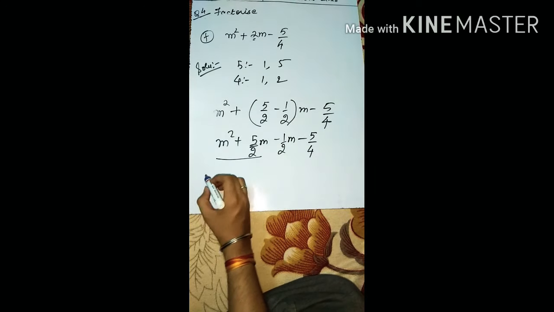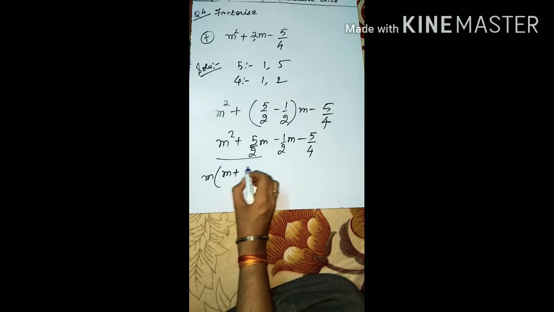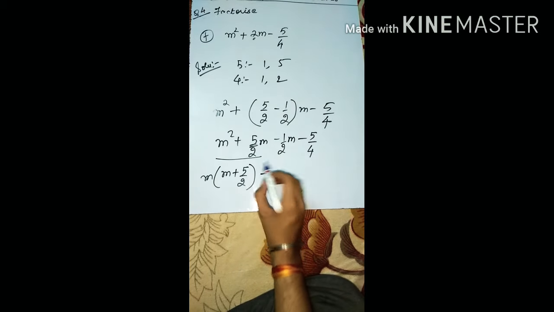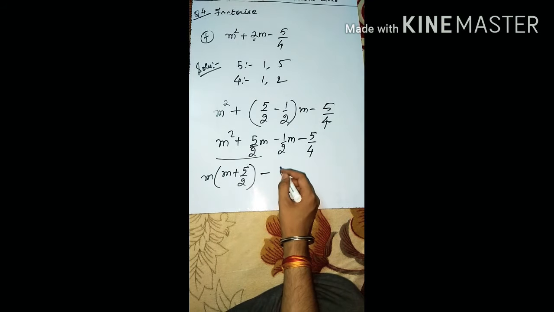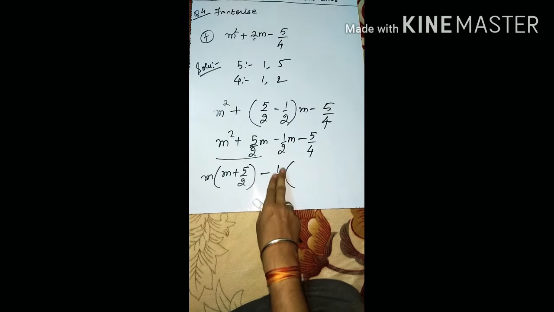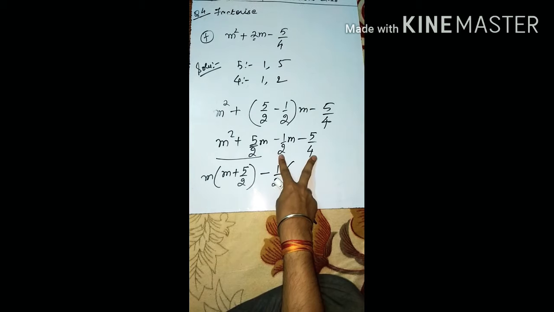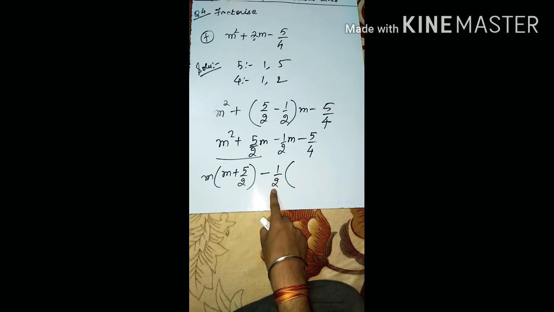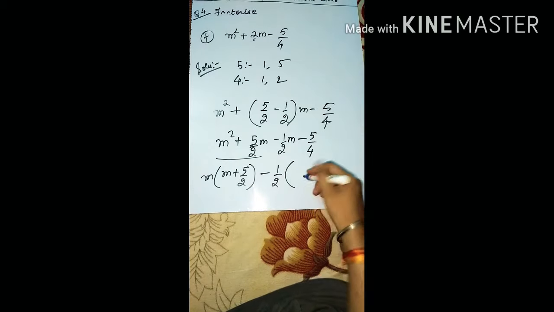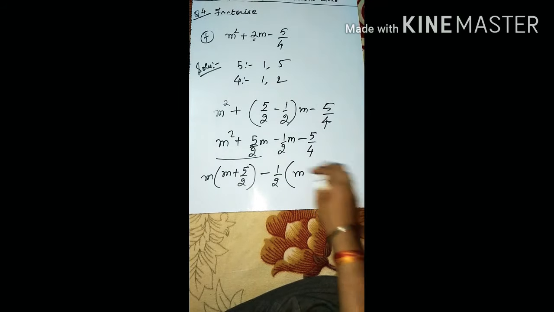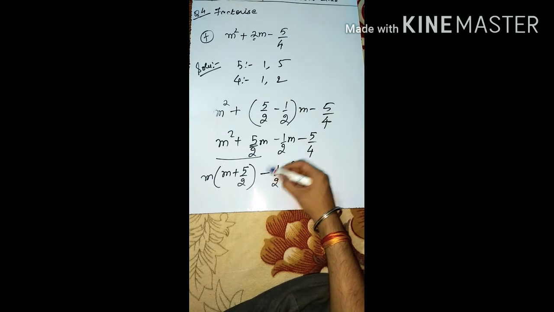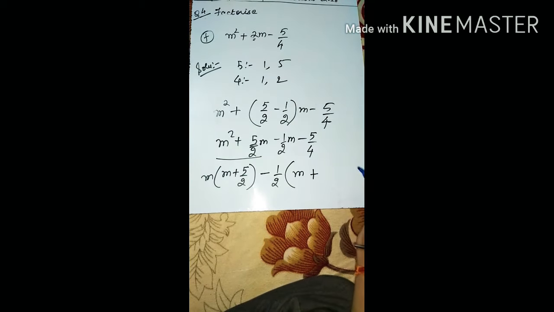Now from these two take m common, so m times (m plus 5 by 2), and minus, take minus also common, and take 1 upon 2 common, because from these two you can only extract 1, and from these two you can take 2 common, so half we are taking common.